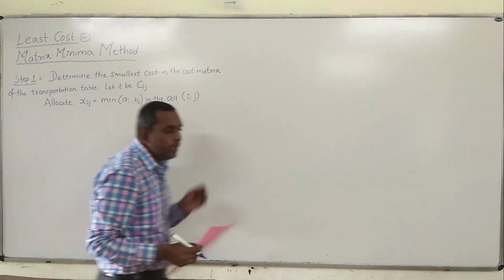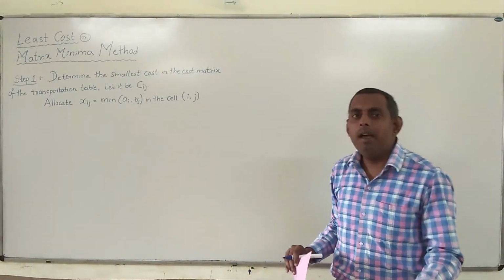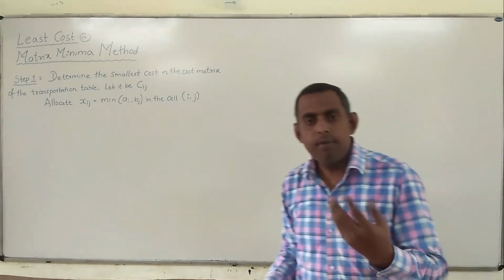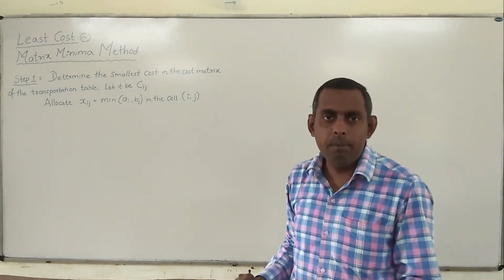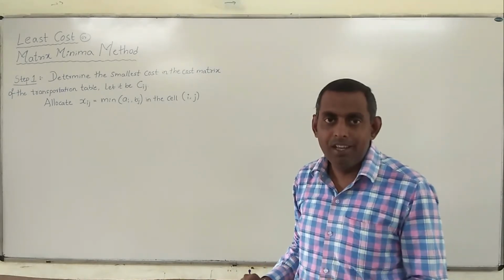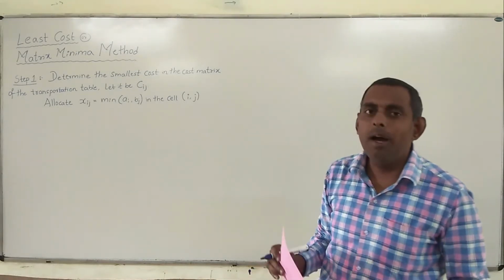So we need to allocate the Xij value, that is supply or demand. We have to find the minimum of supply comma demand, whichever is the minimum. If the supply is minimum, we allocate it. If the demand is minimum, we allocate it in the cell i comma j.